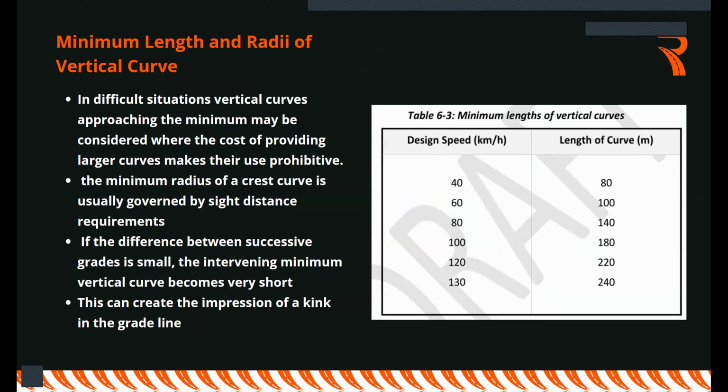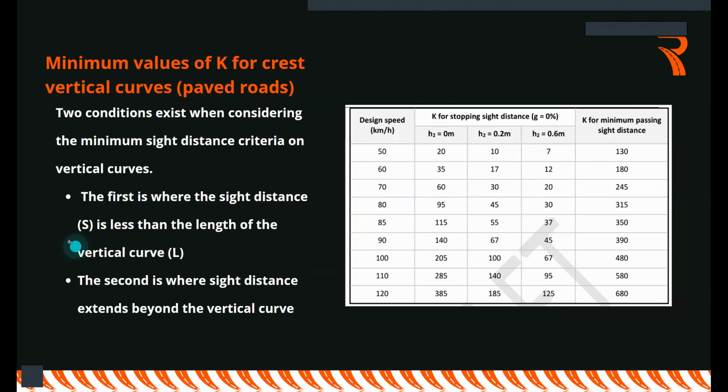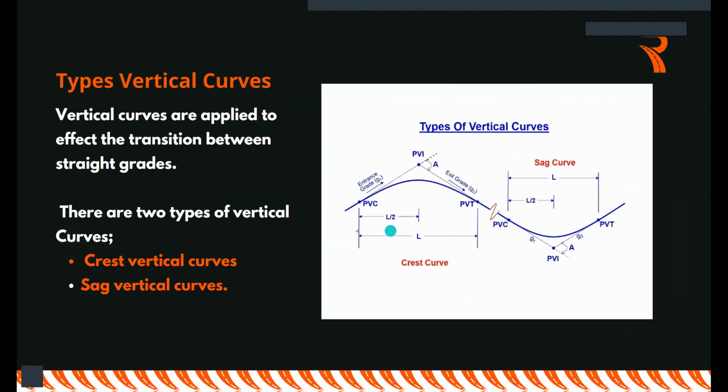That is the main one. But then there is the other second option. Remember, we said there is the K parameter that controls the stopping sight distance within the curve, and then there is also the length of the curve. If the length is too short, these convex curves will be too sharp and drivers cannot see.